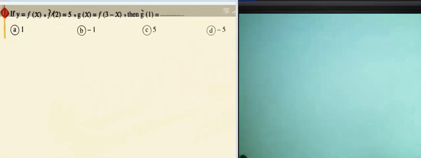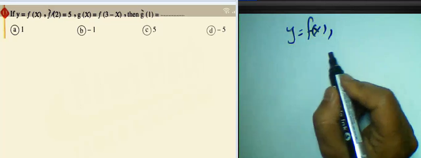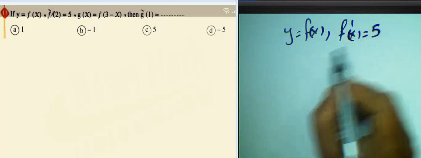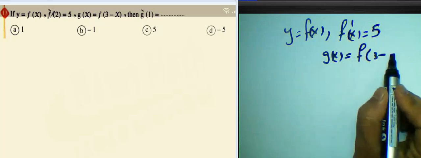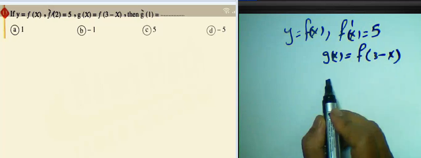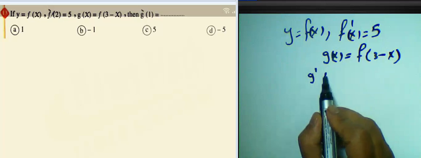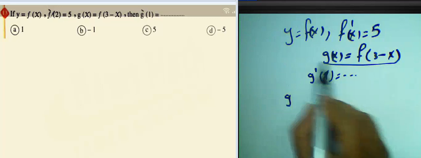Question 13. If y equals f of x and f dash of x equals 5, and g of x equals f of 3 minus x, then find g dash of 1. Okay, we can find the derivative of this function.